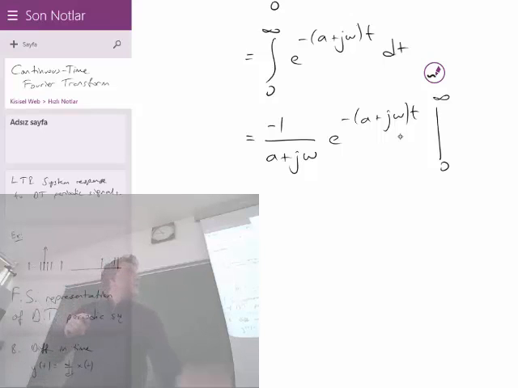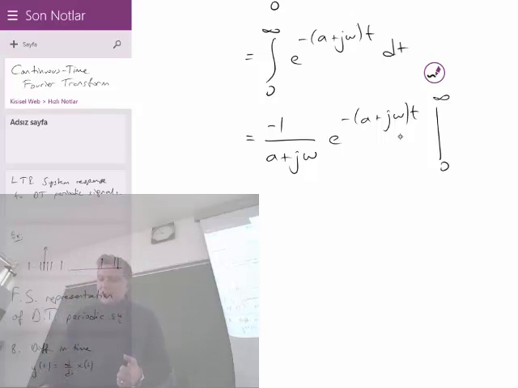The imaginary part causes an oscillation. It doesn't contribute any divergence or any convergence. That imaginary exponential is just an oscillation. This e to the minus at thing is the damping or an increasing factor. And if a is positive, it's a damping factor, which makes this thing equal to 0 at infinity. E to the minus infinity makes that.